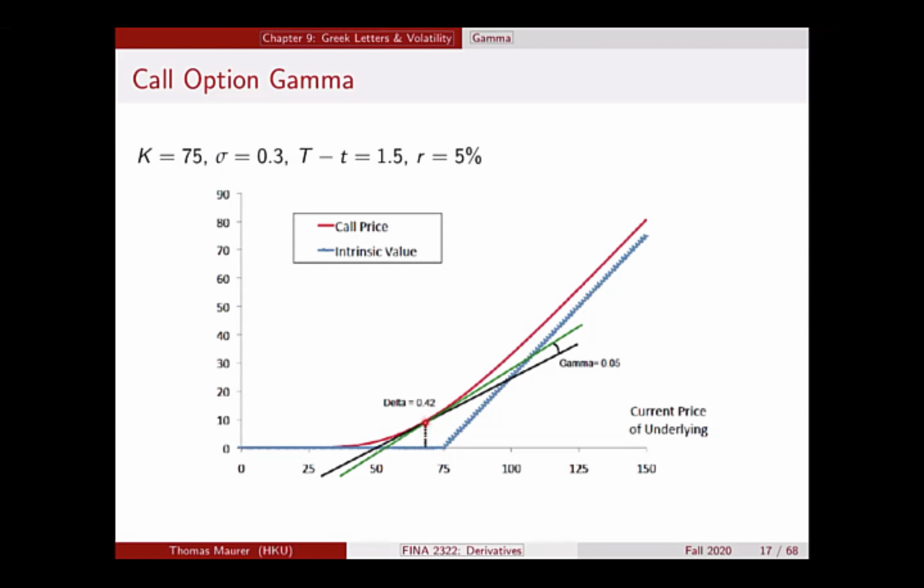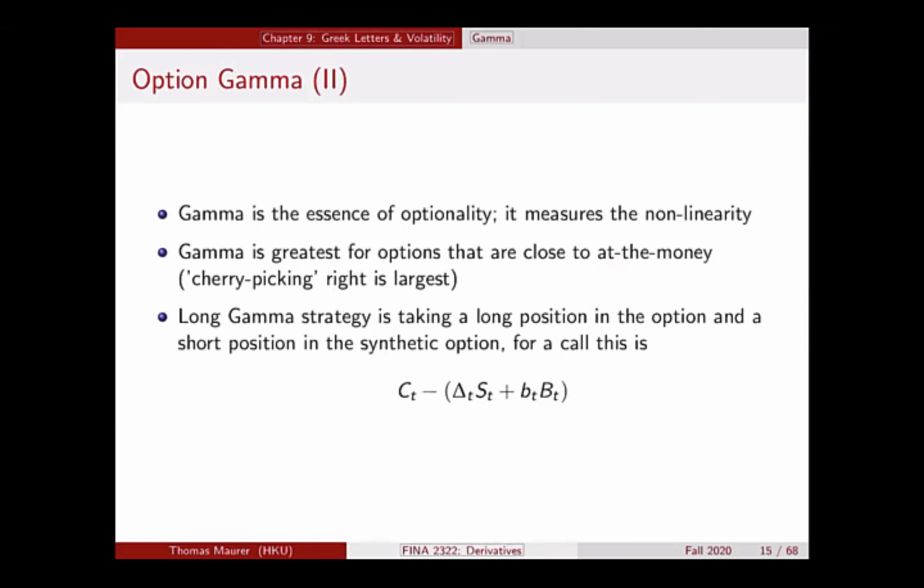Now, if the price of the underlying increases a little bit, then because the red line is curved, the slope is going to change from that black line, which was 0.42, and it's becoming steeper. The gamma tells you the slope is going to increase by 0.05, so from 0.42 to 0.47.